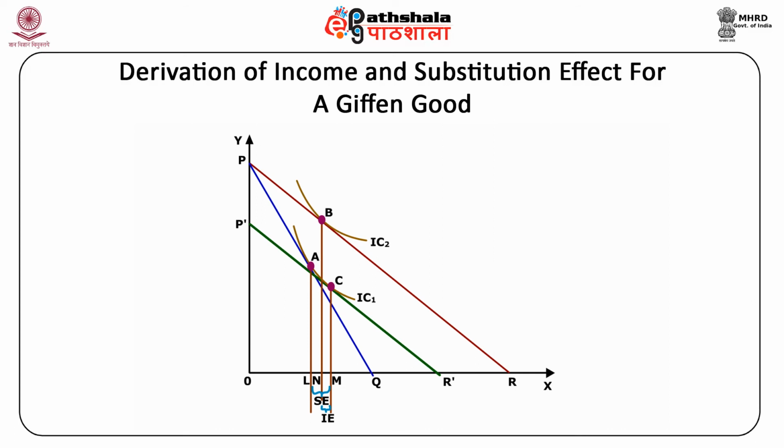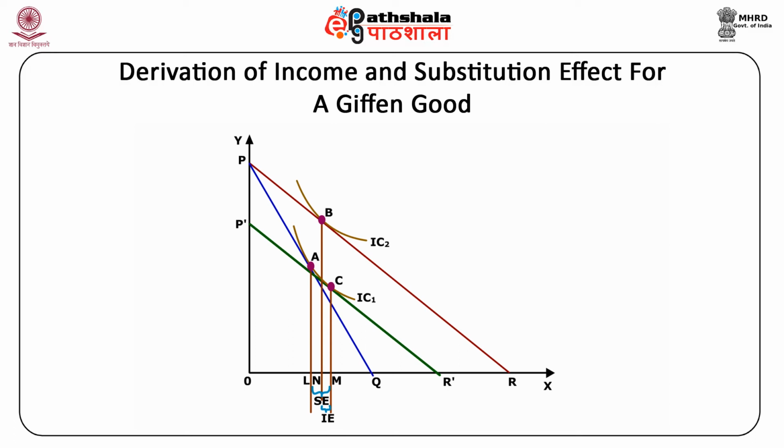As price of good X falls owing to the substitution effect, quantity demanded increases by Lm, whereas owing to the income effect, quantity demanded is reduced by Mn, but Lm is less than Mn.